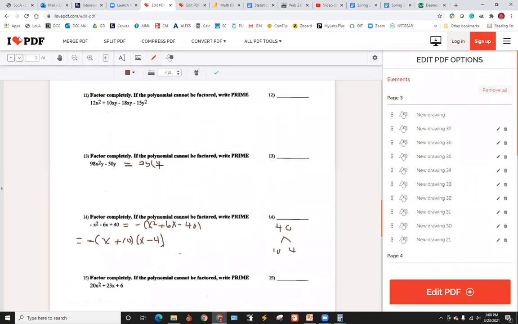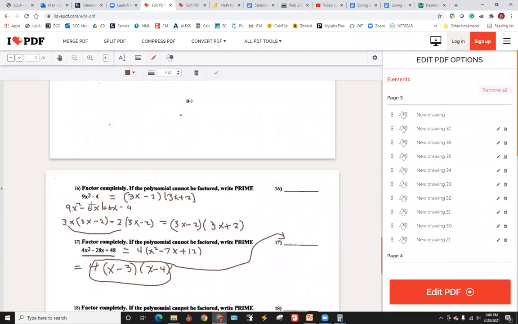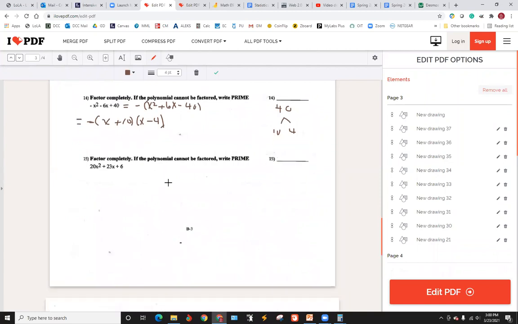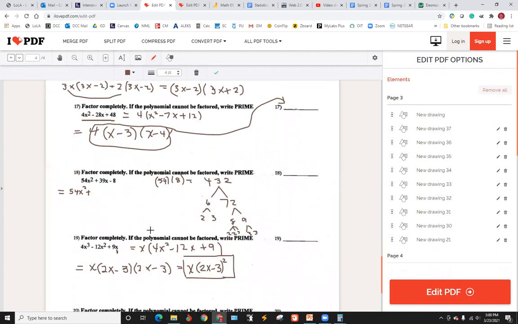49 x squared minus 25. And you know what? Now that's very similar to this one. Let's see. 49 and 25.